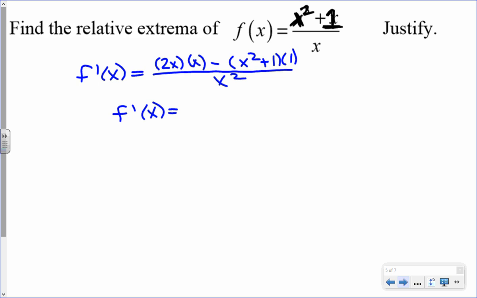Eli, what's your simplified derivative? X squared minus 1 all over x squared. Do you agree with Eli's derivative? Do we agree? Okay, so I got distracted with that. Okay, here's our derivative. So our critical points.